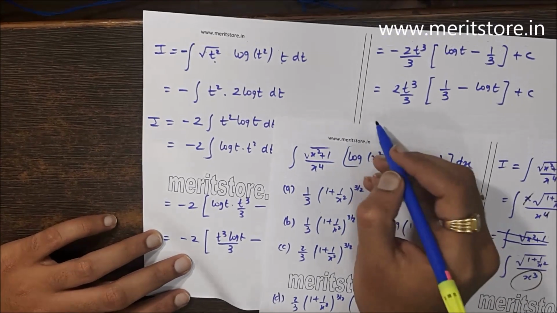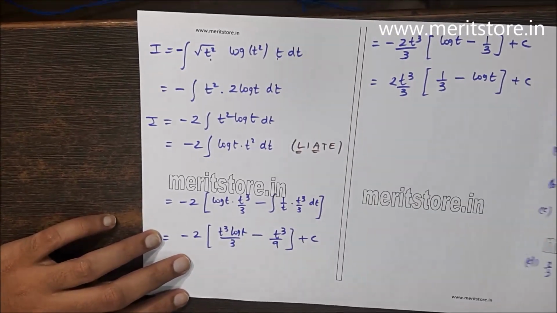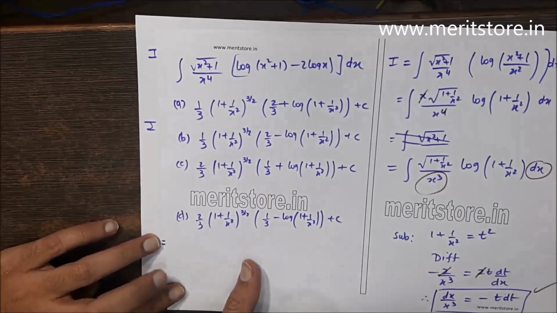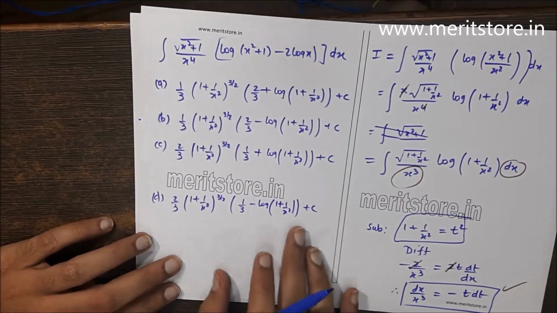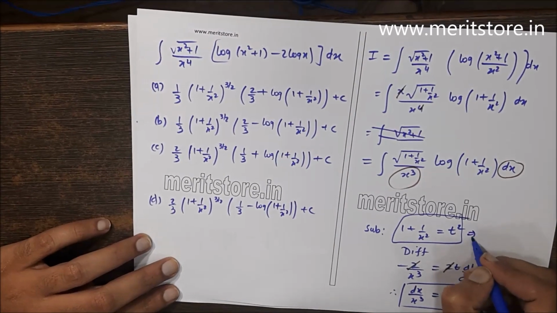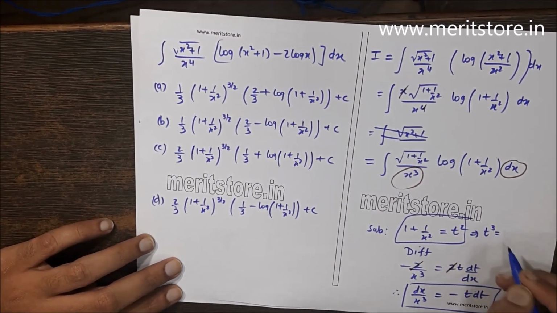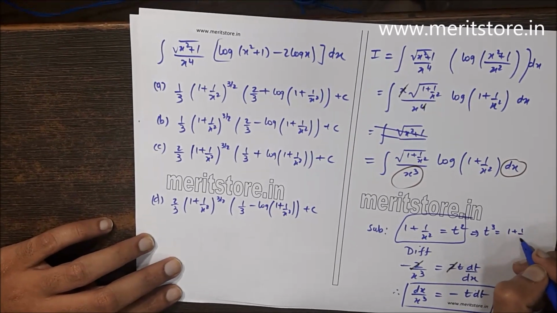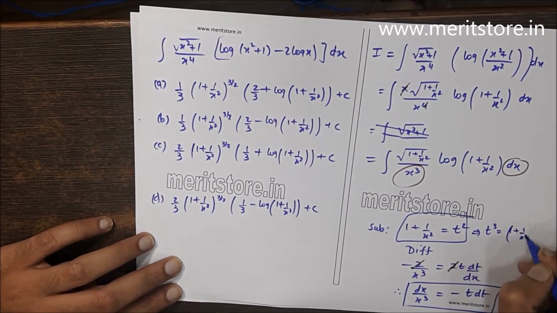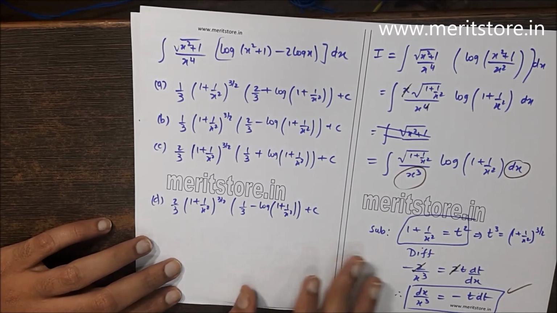Now resubstituting the term of t cube, observe that my t square was 1 plus 1 upon x square, which implies my t cube would be 1 plus 1 upon x square raised to 3 by 2.